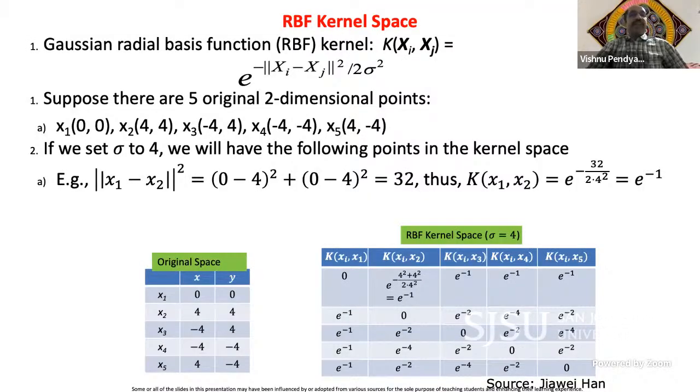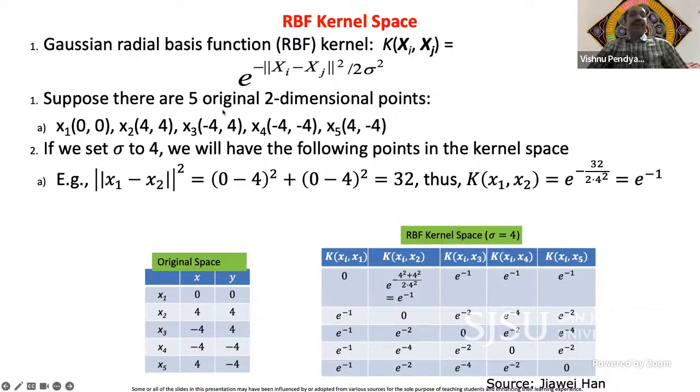Now, let us take an example. This is from a textbook by Professor Han. It gives you some grounding into what RBF kernel looks like. So the Gaussian radial basis function is represented like this.